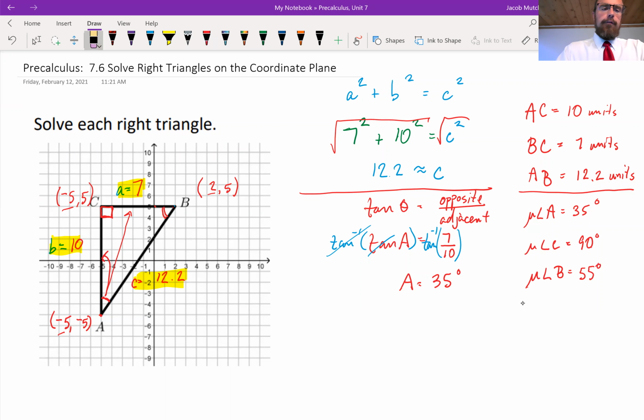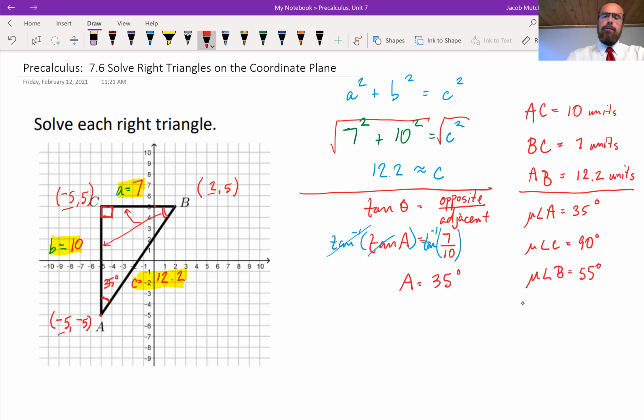Now we can confirm that by going back to some of our trig ratios. So before I do so, let me mark 35 degrees that we just calculated for measure of angle A. And let's confirm for angle B. So B, if I wanted to use the two lengths that are exact, 10 and 7, would be the ratio also opposite over adjacent.